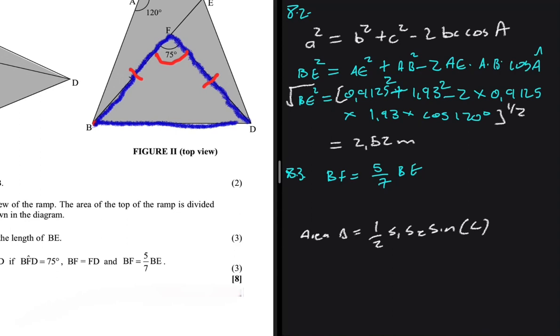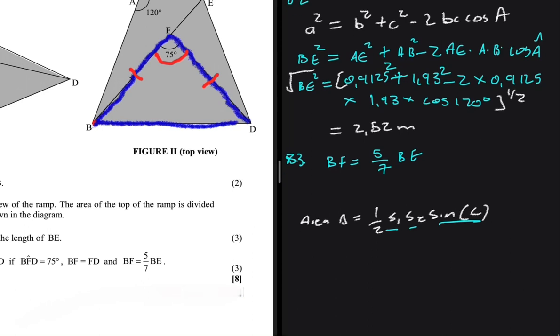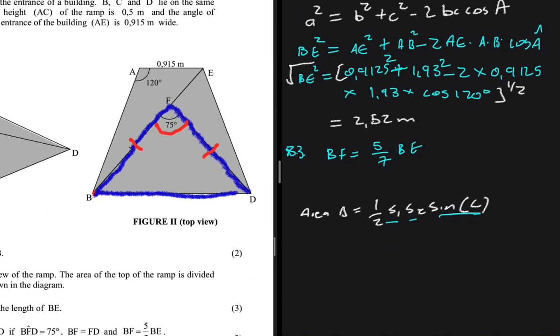But really the area of a triangle is half side 1 side 2 sine of the angle the two sides sandwich, right? So here, if we determine the length of BF and the length of FD, then we can say BF multiplied by FD and then sine of this angle here, which is 75 degrees, right?